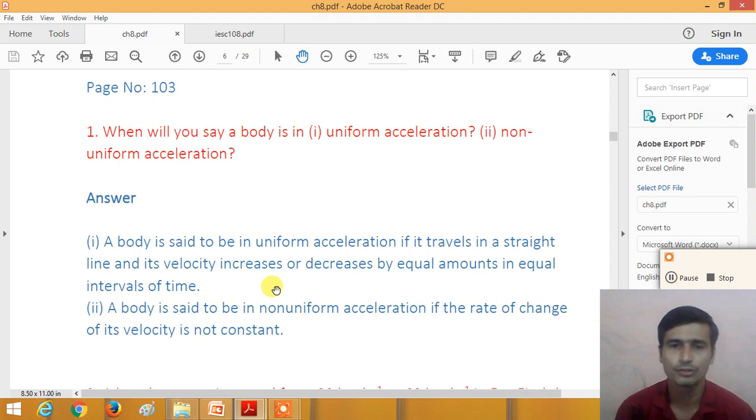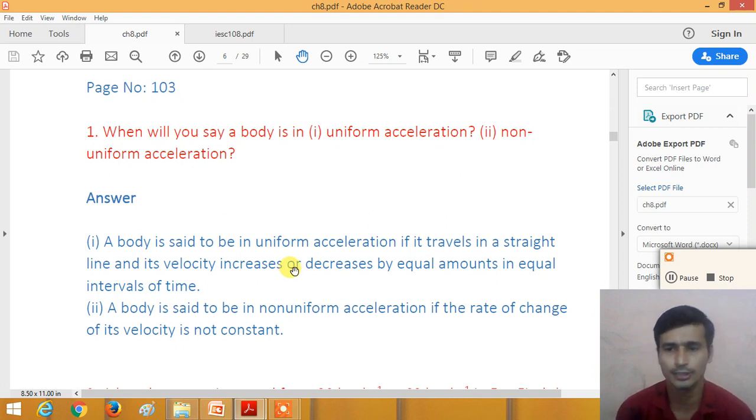So when the body travels in a straight line and the velocity increases or decreases by an equal amount, that is, the change in velocity is constant in an equal interval of time, the motion is said to be uniform accelerated motion, and in this type of motion the acceleration remains constant.